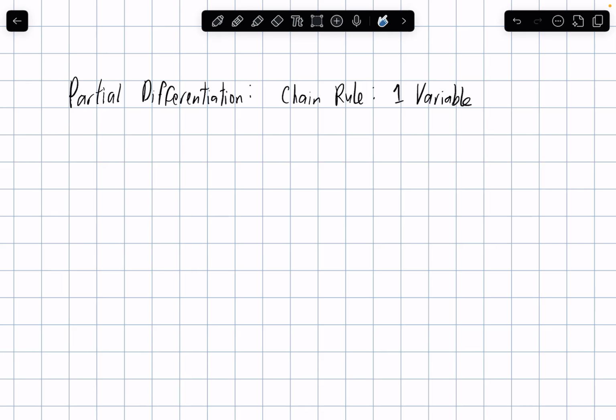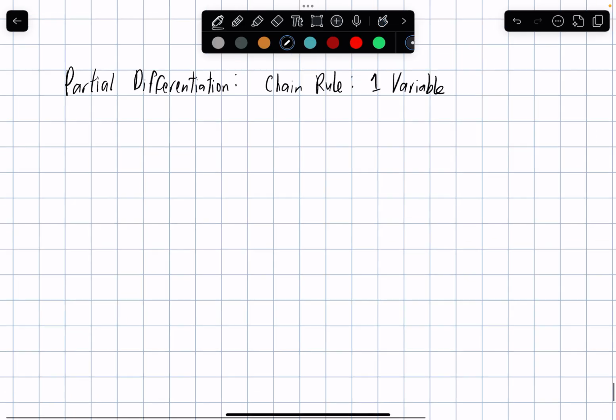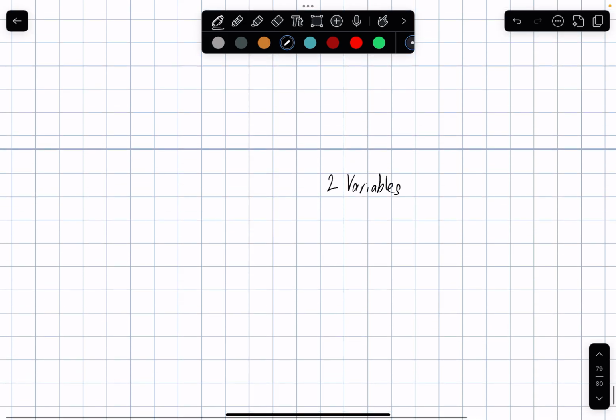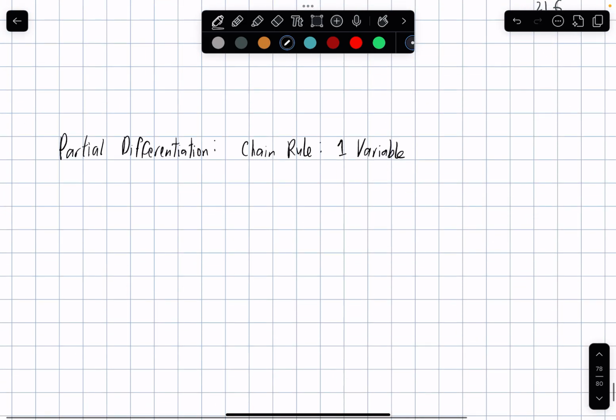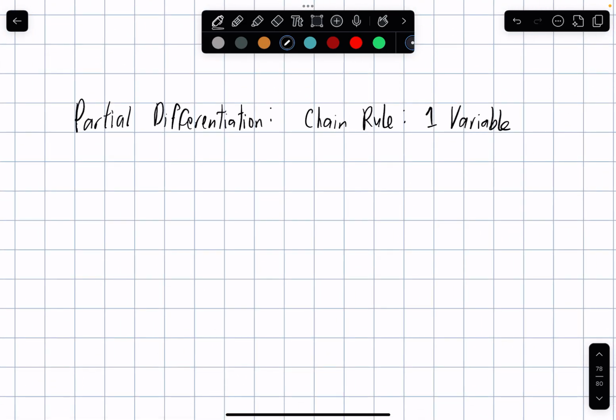And there are two categories. One that involves one variable only, and the other involving two variables. So let's start first with the simpler version.